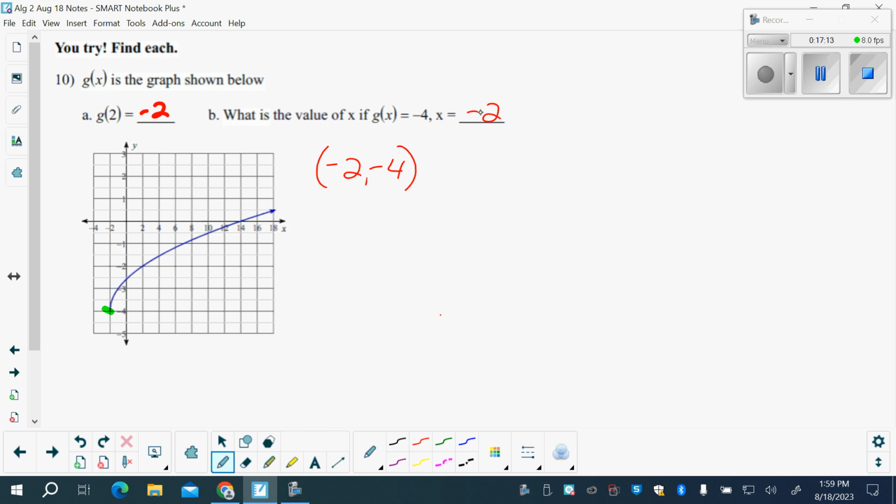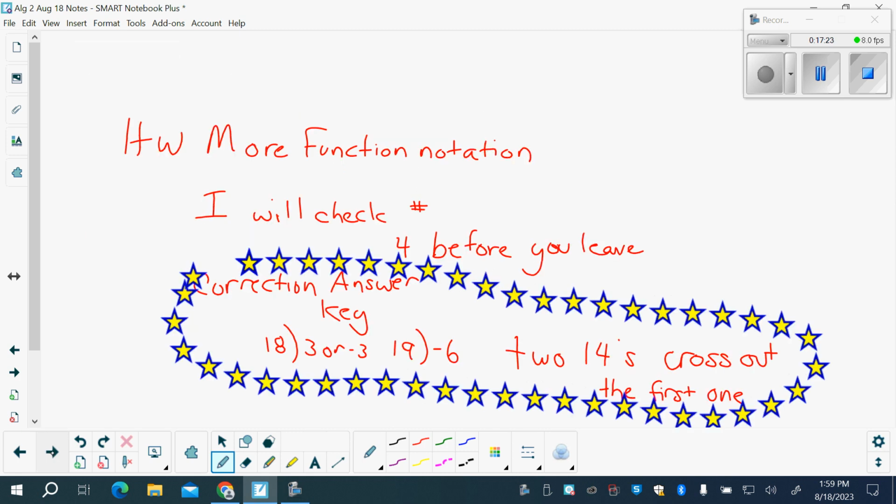Function notation is a big part of the standards, though. So, like, the number that you are going to look for is x.